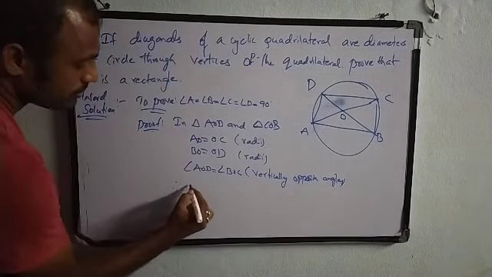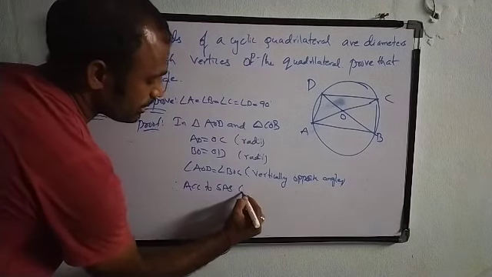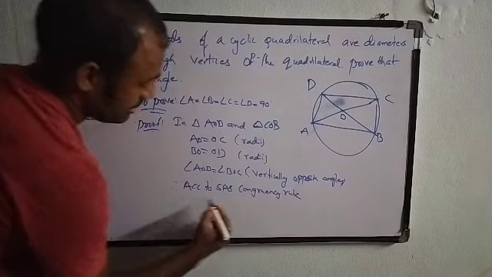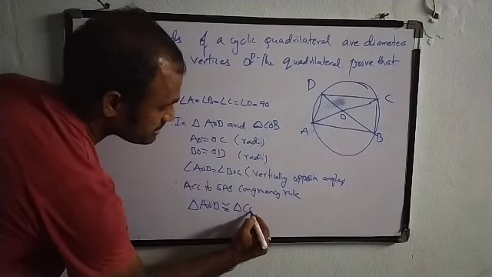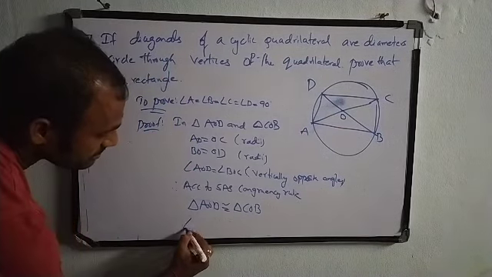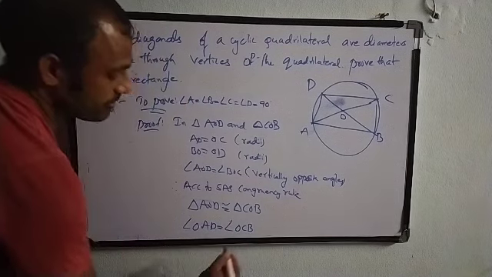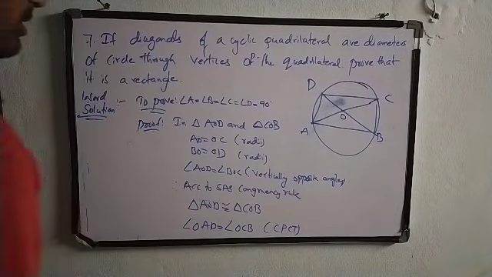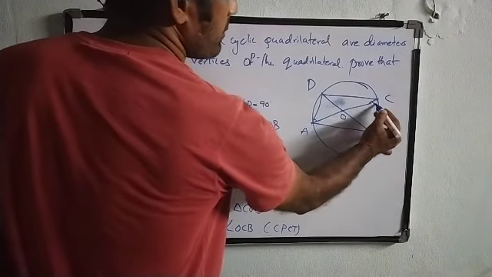Therefore, according to the SAS congruency rule, triangle AOD is congruent to triangle COB. So if these two are congruent, then angle OAD is equal to angle OCB by corresponding parts of congruent triangles.